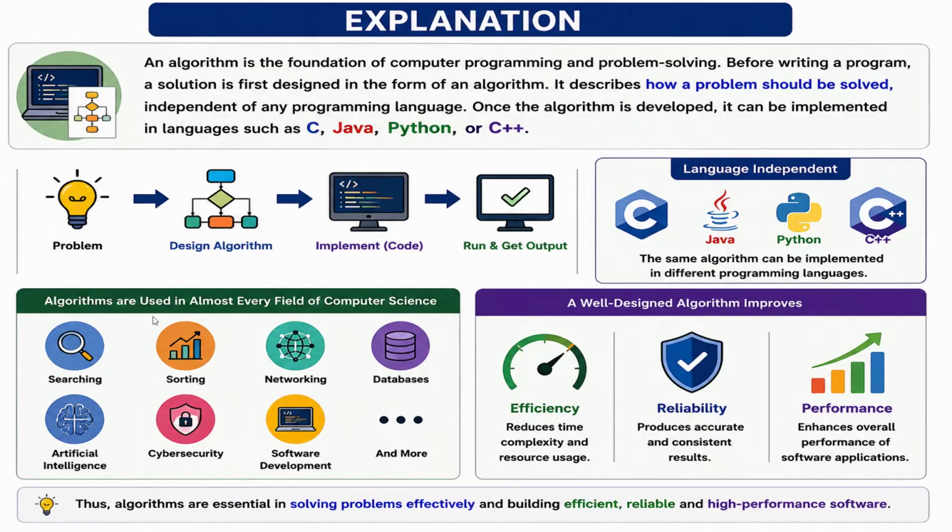In which fields are algorithms used? An algorithm is not used in only one particular field. We can use algorithms in a number of fields. While searching, in a banking sector, in a hospital, in schools, in colleges, anywhere we can search for elements, we use algorithms. Also in sorting, in networking, in databases, artificial intelligence, cyber security and software development.